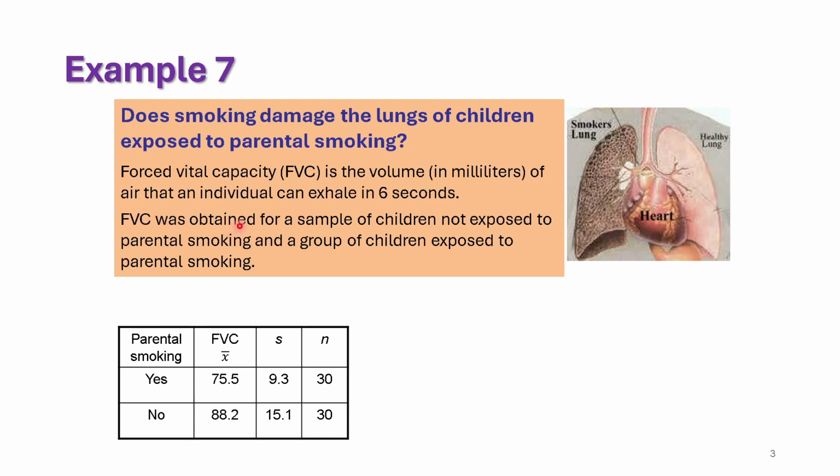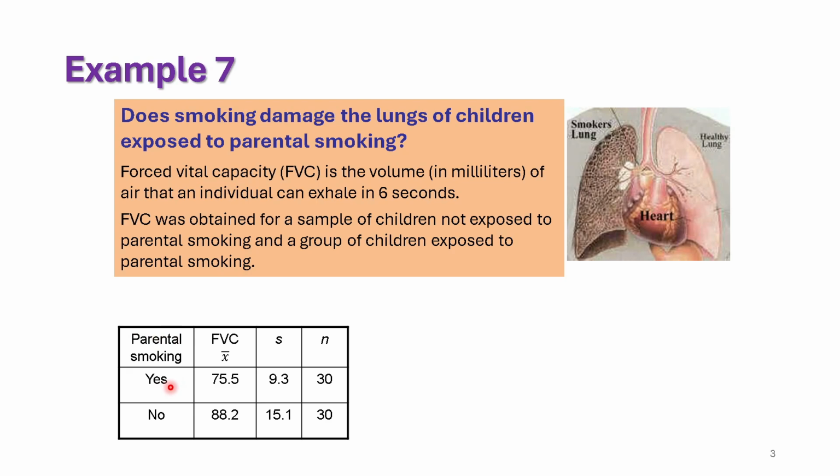FVC was obtained for a sample of children not exposed to parental smoking, and a group of children exposed to parental smoking. So we have the table below, parental smoking.